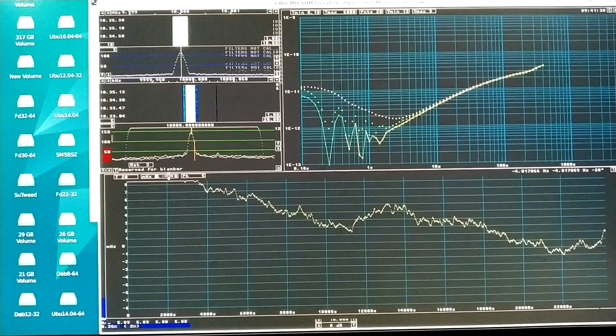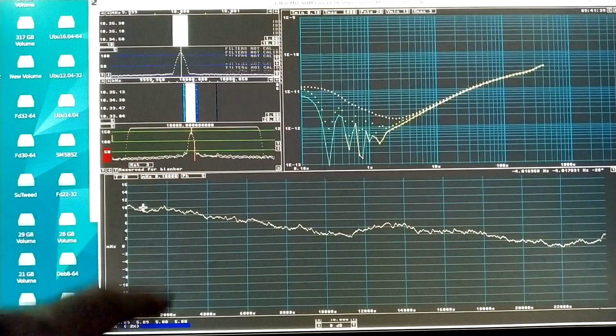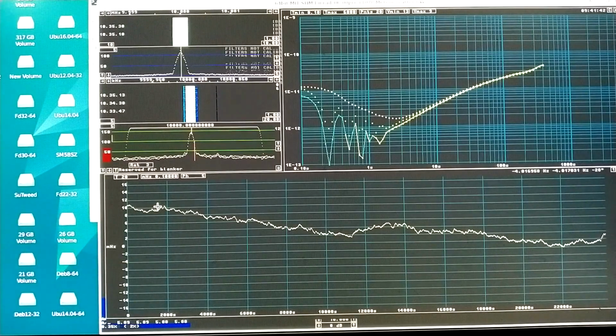I can change the scale. 0.1, that's a factor of 2, to be able to see here if there is some. And then the most sensitive I ever had when looking is 0.01.